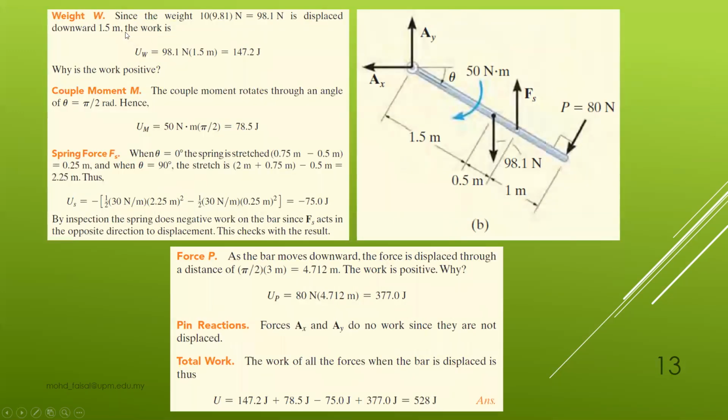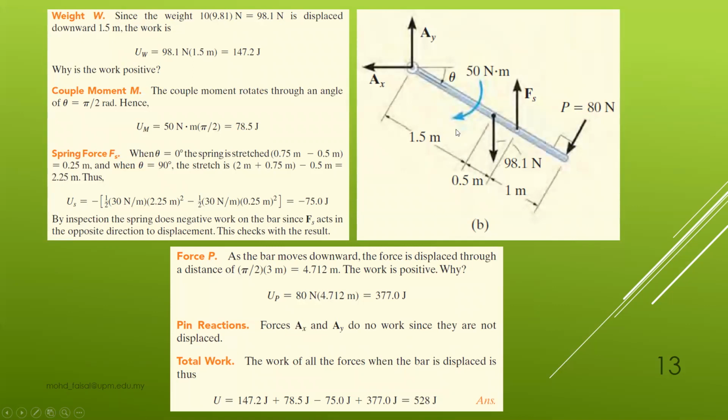We look into the weight first. Since the weight is equal to mass times gravity, we got our weight of 98.1 Newton, displaced downward 1.5 meter. You can refer to this diagram here.